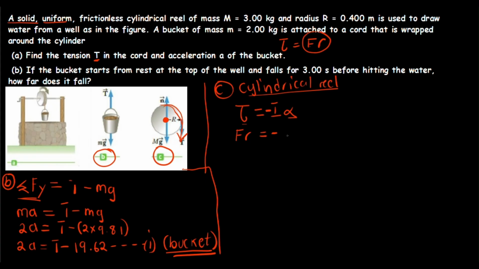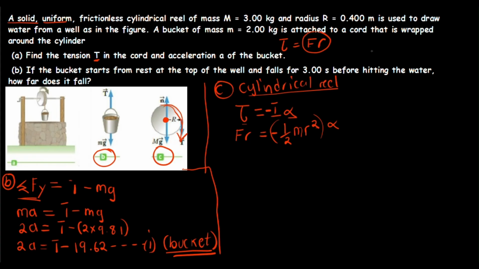Anything which is a solid uniform means that you need to use 1/2 times mass times radius squared, then times the angular acceleration. Now, what type of acceleration are we looking for? We are looking for the linear acceleration.